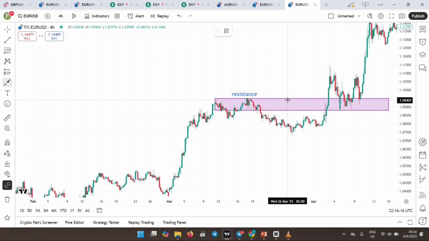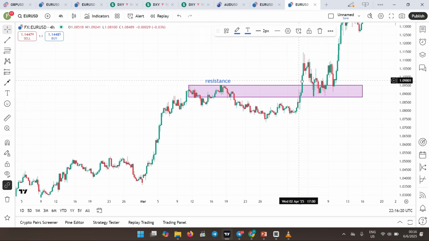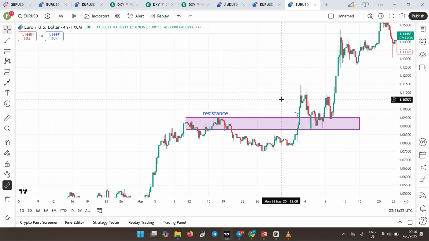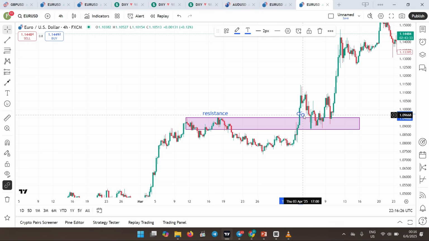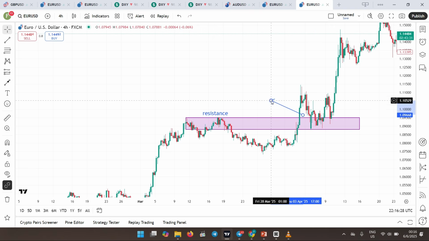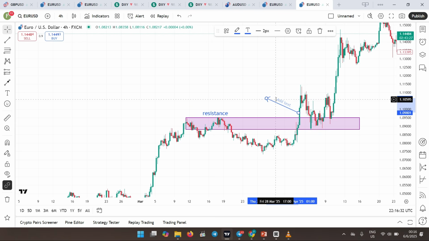These are my strength candles. That is what we call a strength candle.